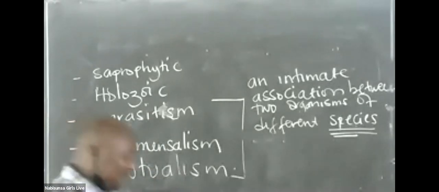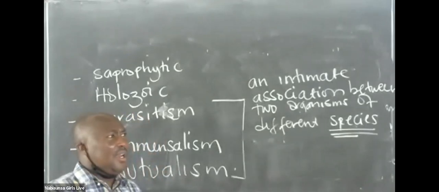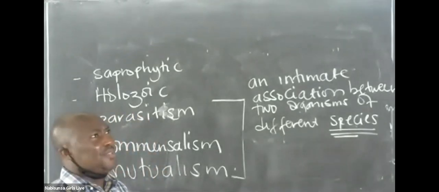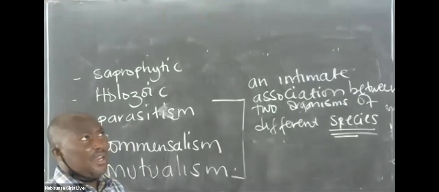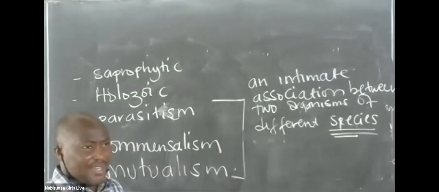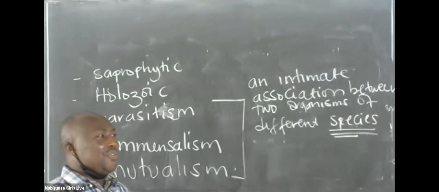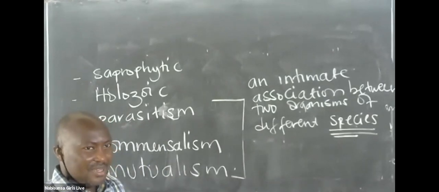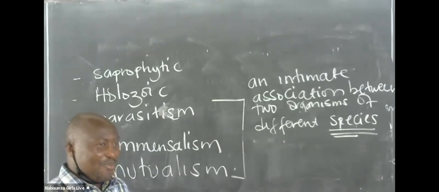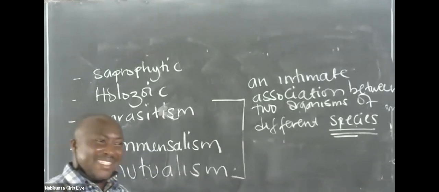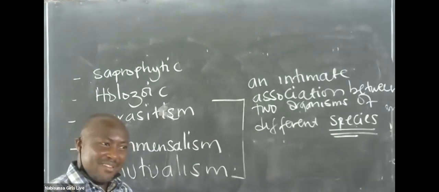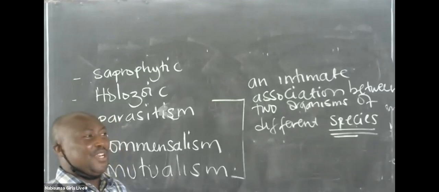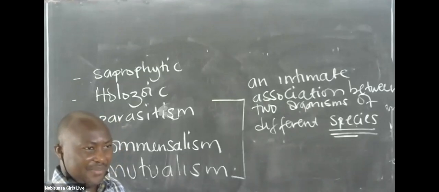For example, let me use the leguminous plants. We know that they have what we call root nodules, and in the root nodules there are certain bacteria, which we call the nitrogen fixing bacteria.